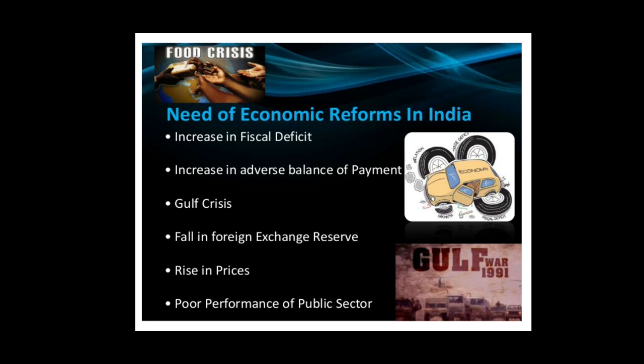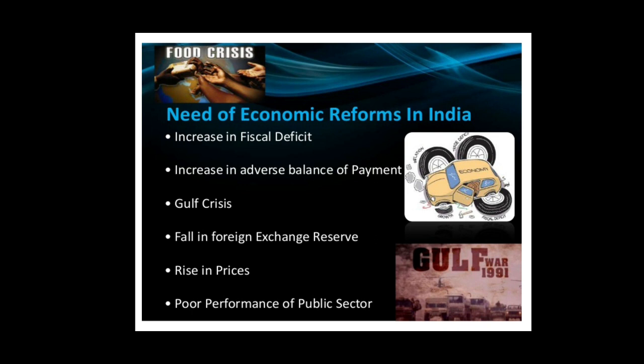Forex reserves, that is the foreign exchange reserves, which were rupees 8,151 crore in 1986-87, declined sharply to rupees 6,252 crore in 1989-90.